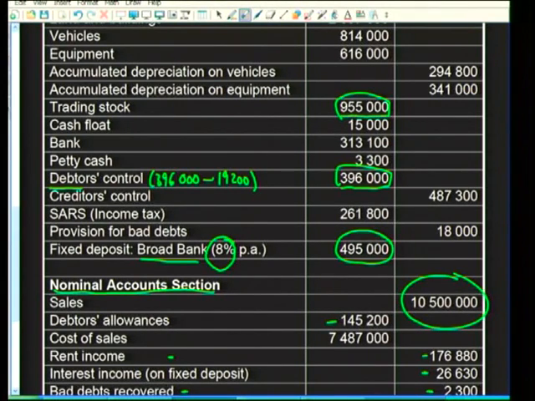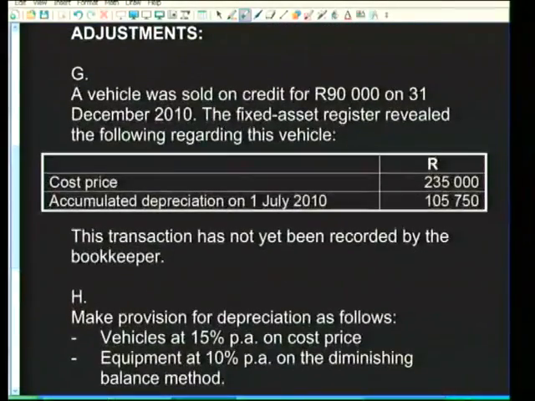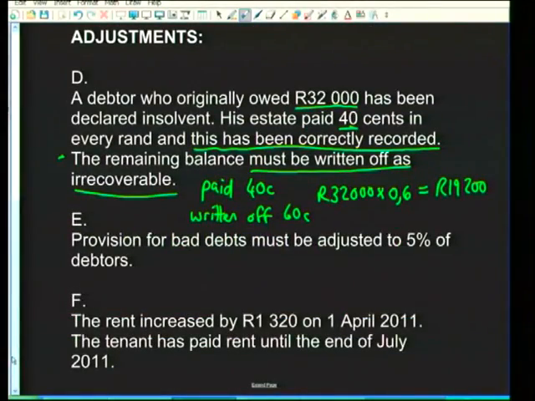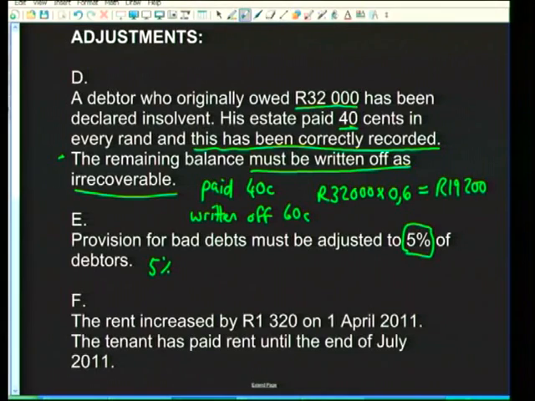You're going to see immediately why this is important, because if you look at the next adjustment, this adjustment says that we must adjust provision for bad debts to 5% of book debtors. So we're making an adjustment on provision for bad debts to 5% of debtors. So our first step in doing this calculation is to work out what is 5% of our debtors.